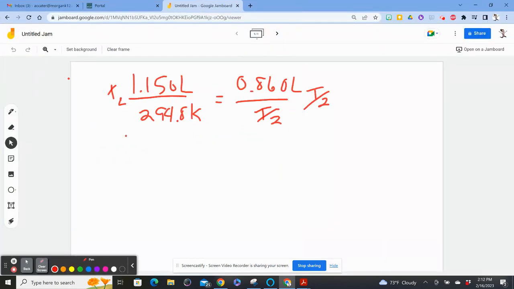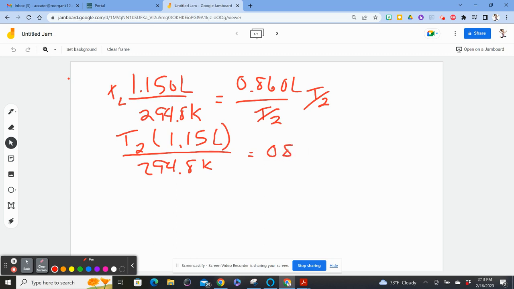All right, so then I'm going to have T2 times 1.15 liters divided by 294.8 equals 0.860 liters. I don't like having a denominator, so I'm going to multiply by 294.8. Those cancel out.